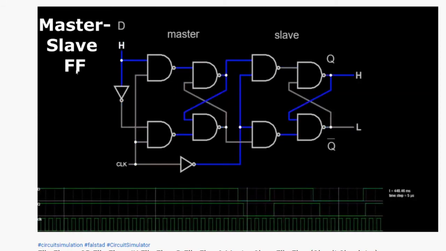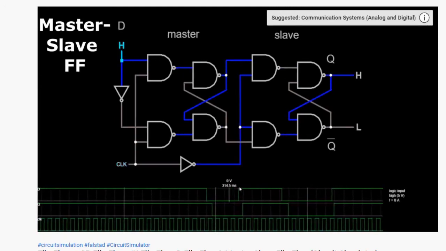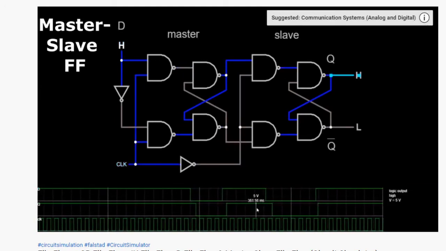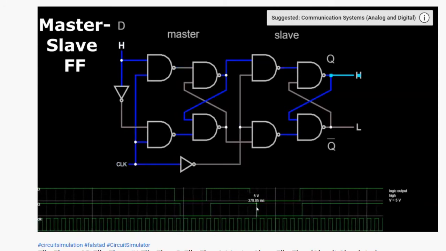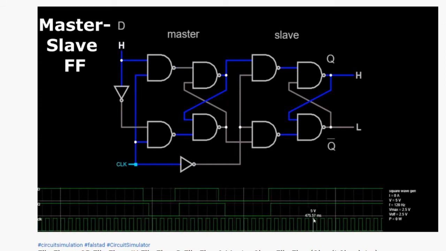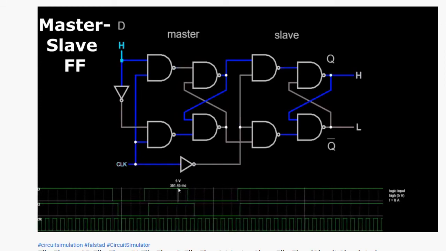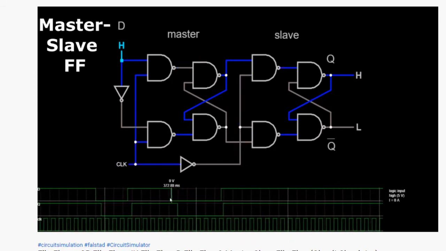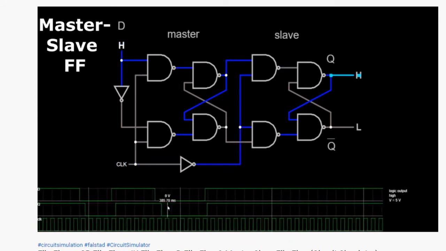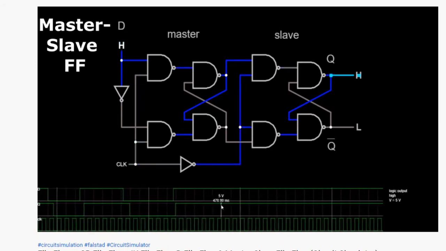So this is a simple example of how a change of state of your input can be stored as one bit of memory, with the output changing state only when the clock changes.